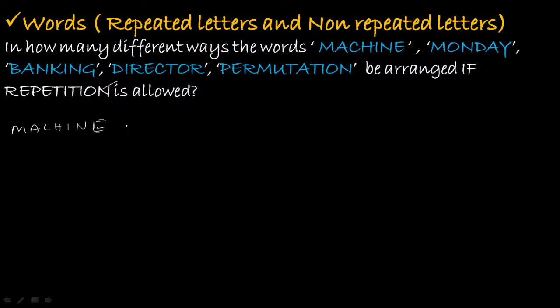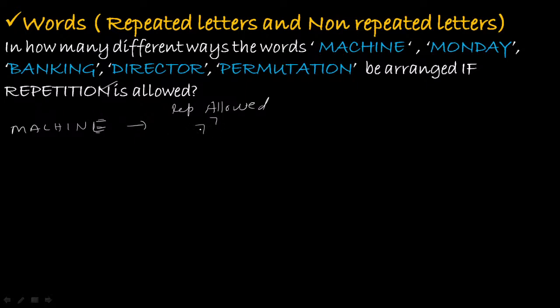Machine consists of 7 letters, and none of the letters repeats more than once. So the total number of different possible arrangements is nPr. Here n is 7 and r is also 7.